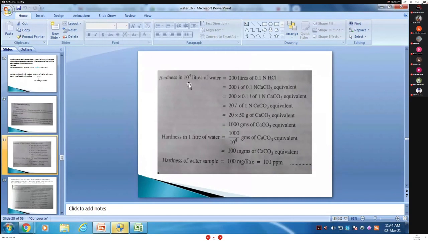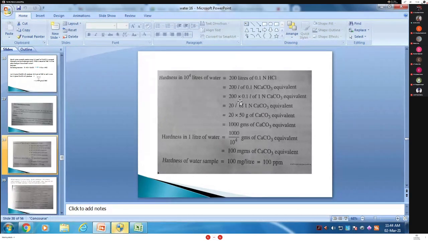Write down: hardness in 10 raised to 4 liters of water is equivalent to 200 liters of 0.1 normal HCl. Then the next step: 200 into 0.1 normal, with CaCO3 equivalents, one normal.